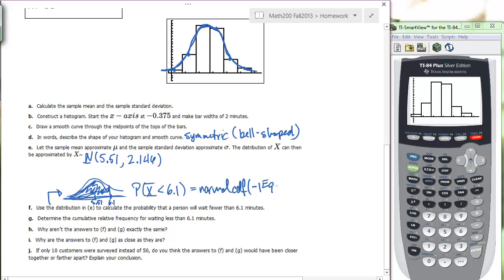And then more theoretically, this thing goes all the way up to infinity, and our symbol for infinity is 1e99. Our maximum, or our high, would be 6.1, and then we'll tack on our mean and our standard deviation.